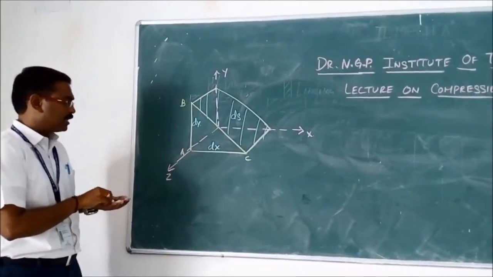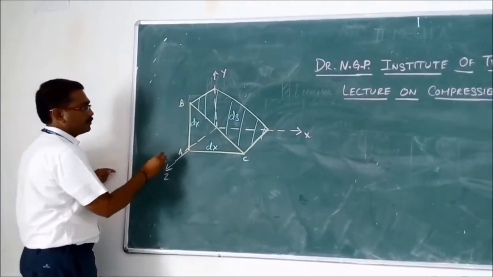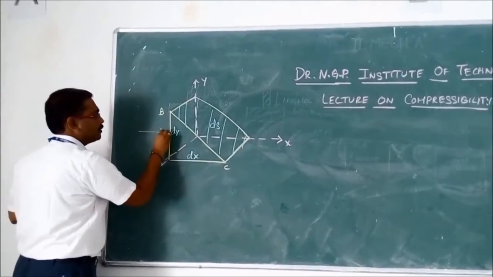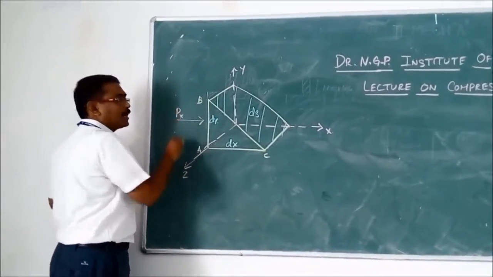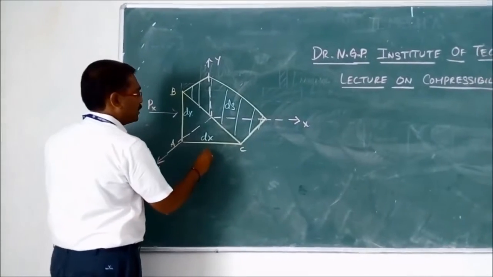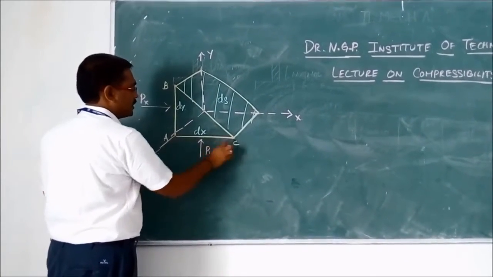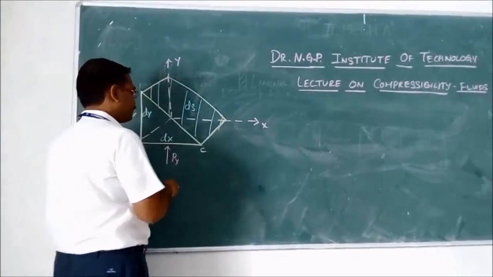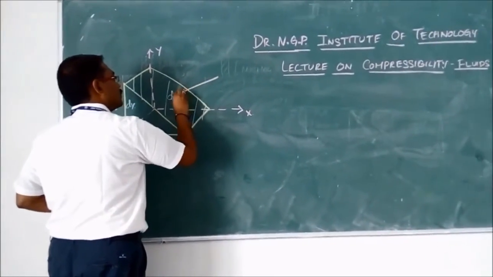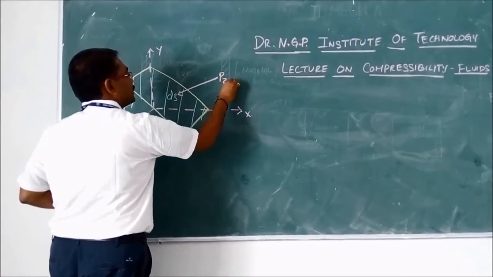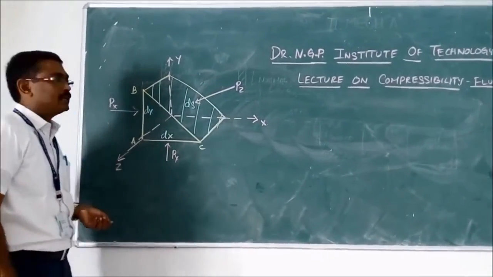Considering the face AB, we have pressure Px acting in the x direction and pressure Py acting in the y direction on face AC, and pressure Pz acting on the inclined face.